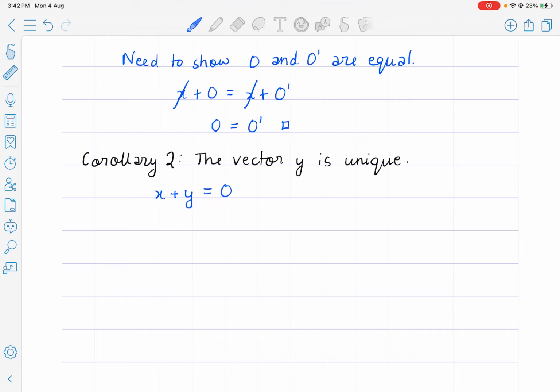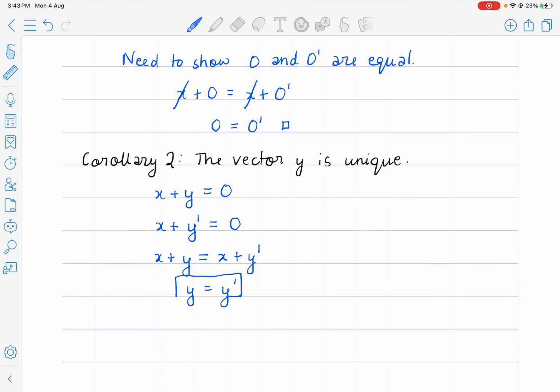Let's say there are two, which means x plus y dash is also equal to 0. So x plus y and x plus y dash are both equal to 0. Now we cancel x from each side, and we get y is equal to y dash.